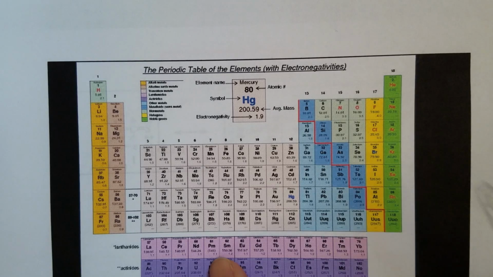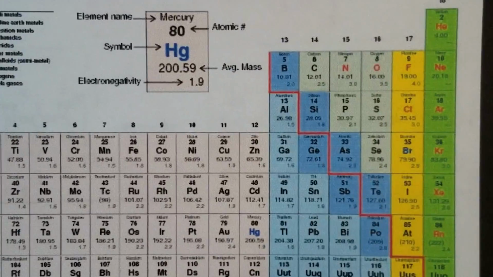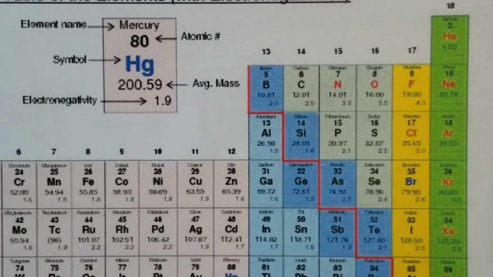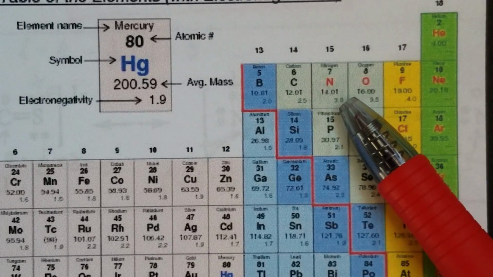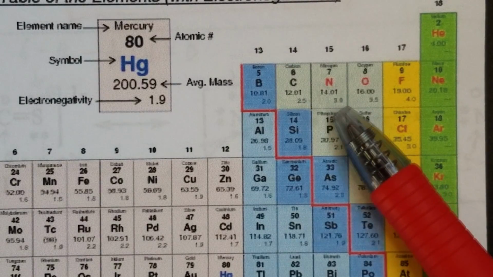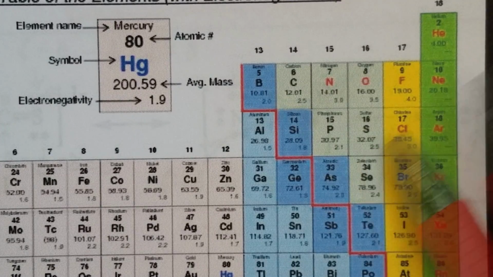From this copy of the periodic table, let me zoom in a little bit. Then we can see nitrogen is right here with the electronegativity of 3.0. Sulfur is here with the electronegativity of 2.5.